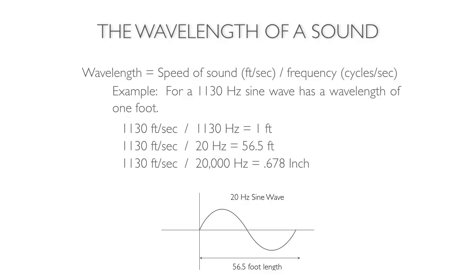Looking at the range that we can hear, we can hear frequencies as low as 20 cycles, and that wave would be 56.5 feet long. So a very large wave if we could see it. And at the other extreme, 20,000 cycles, it's just a little bit over half an inch.